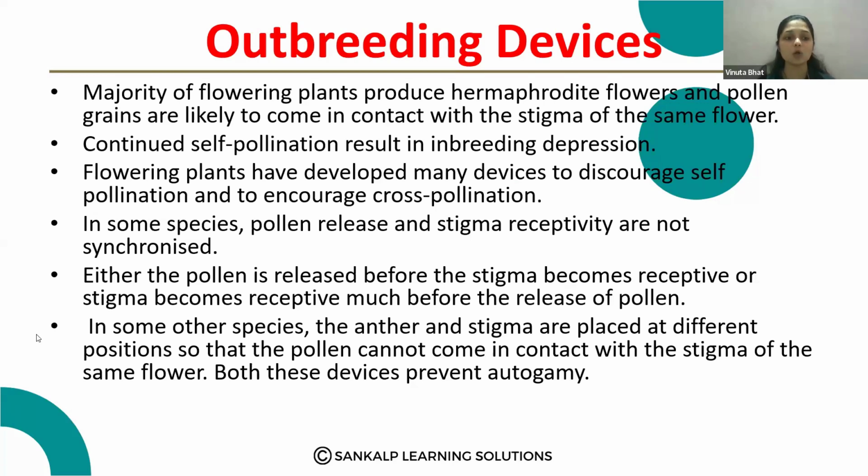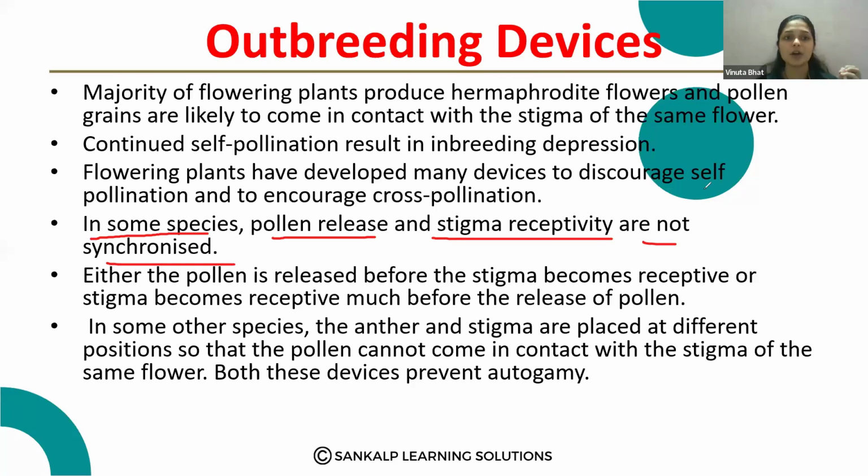So what are these outbreeding devices? In some species, pollen release and stigma receptivity are not synchronized. In some flowers, the pollen grains are already mature, but the stigma is not ready to receive the pollen grains. So if the pollen grains transfer to the stigma, the pollination is not successful.